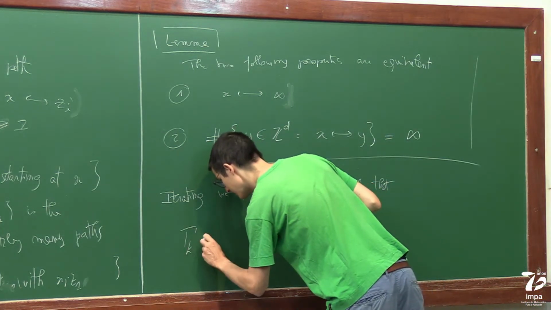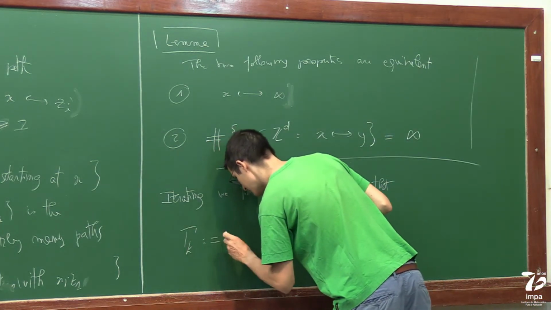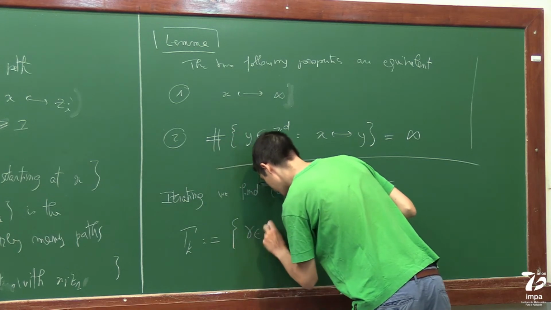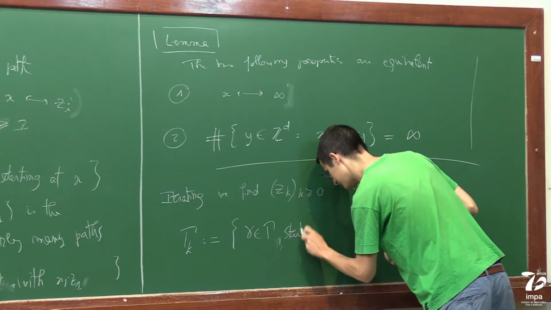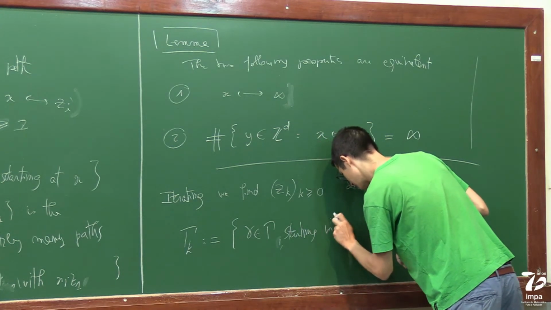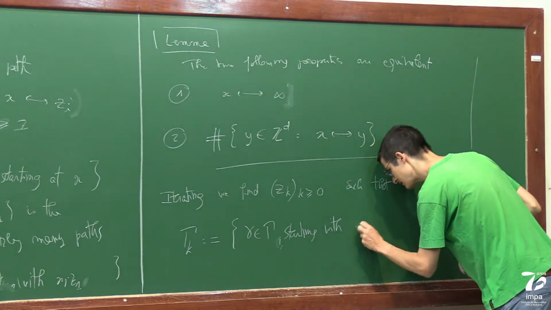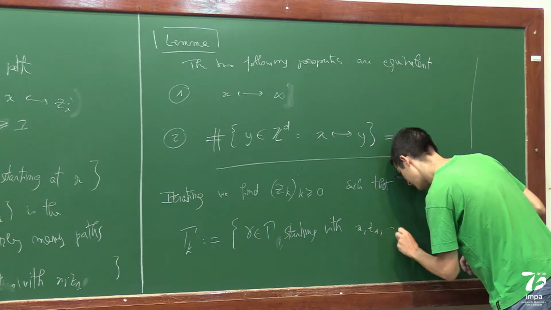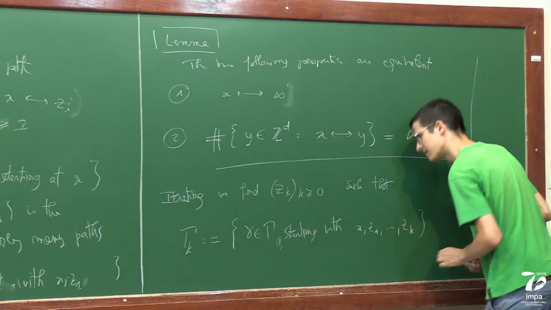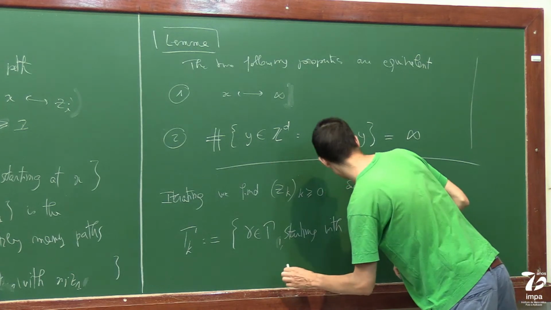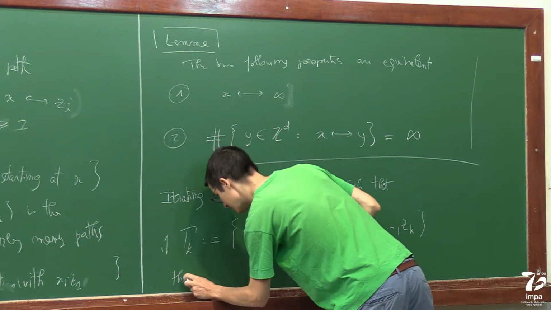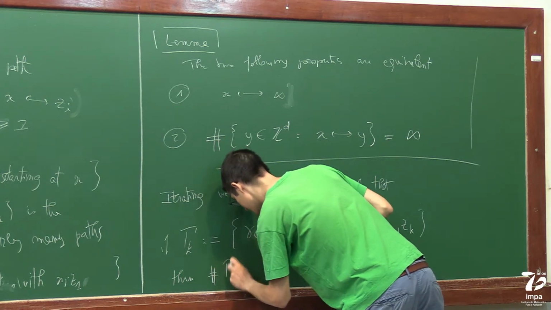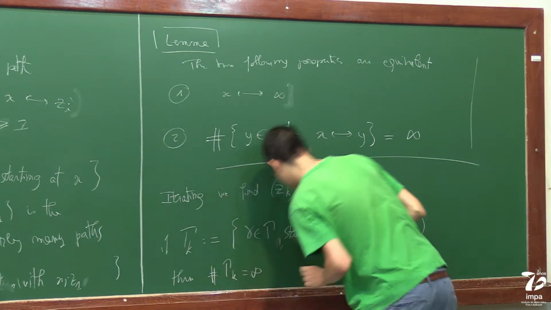gamma k is the set of gamma in gamma 0 such that the path starts with X, Z1, ..., Zk, then the cardinality of gamma k is equal to infinity.